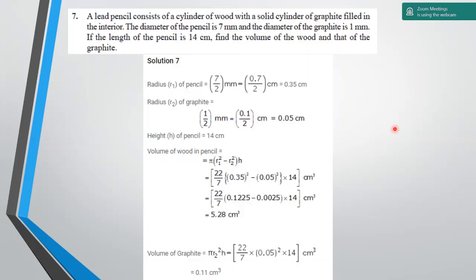Yes, so 1 millimeter is 1/10 centimeter. The first line only you can see. It is 7/2 millimeters, and 7/2 is 3.5. So 3.5 millimeters getting converted to centimeters is 3.5 divided by 10. That is 0.35 centimeters.